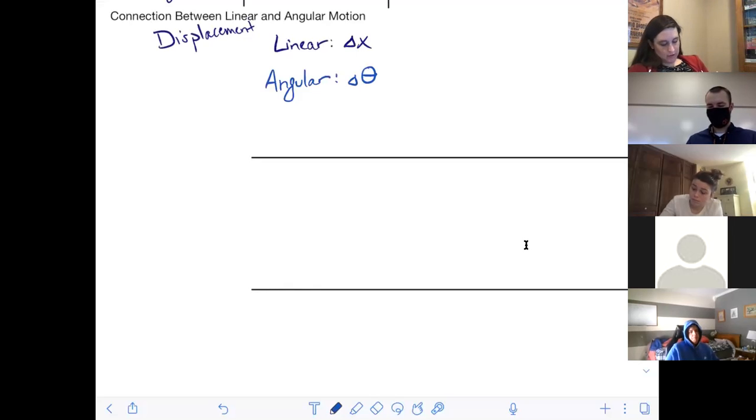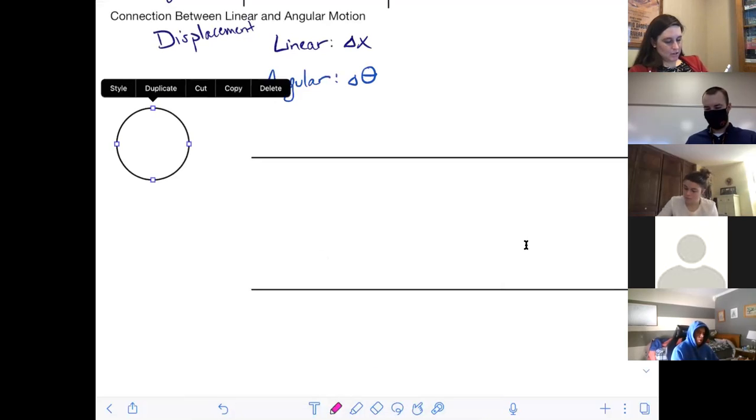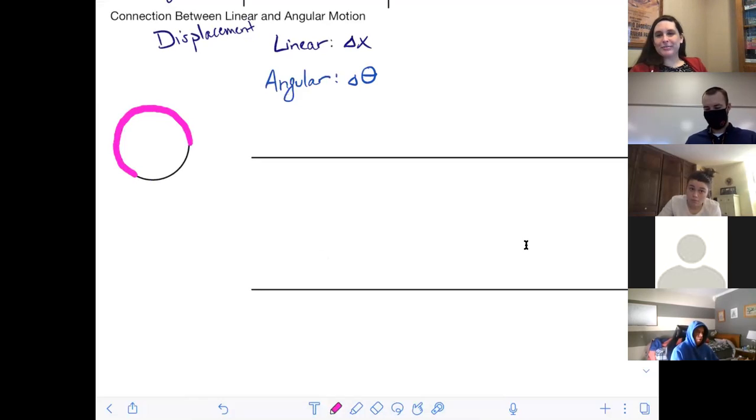So if we think about a circle, if we think about moving along that circle, so maybe we move that far around our circle.